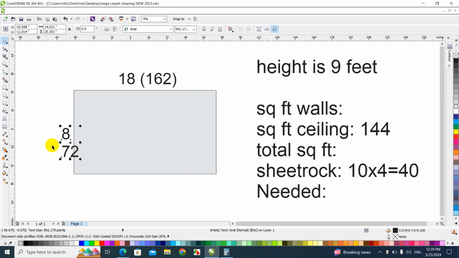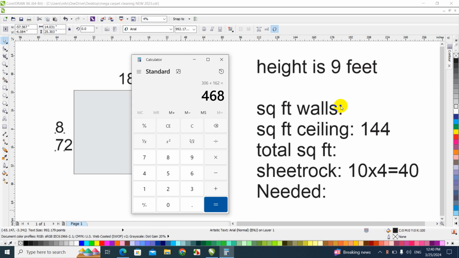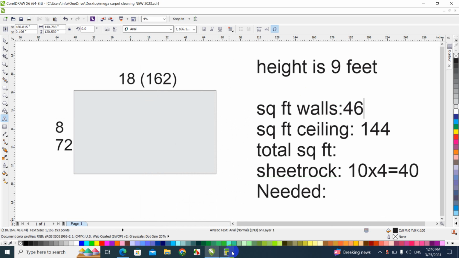Now, the way we're gonna get the square footage of all the walls for this room, which is 4 of them, we're gonna sum all this and this and this and this, okay? So we're gonna do 72 plus 72, that we already know is on this side, plus 162 plus 162 equals 468 of just the walls, okay?